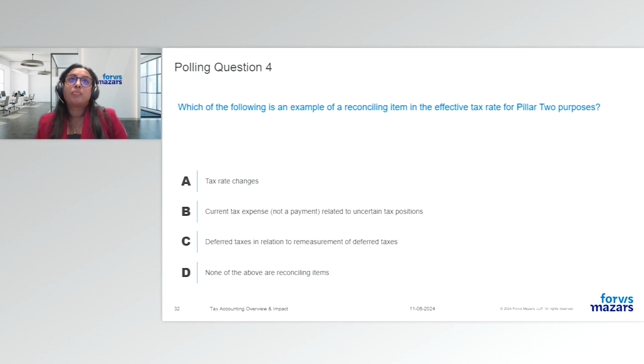And for the uncertain tax positions, you can only include the actual payments and not the movements of uncertain tax positions. So the additions to the provision and the releases, those amounts need to be eliminated from the Pillar 2 ETR.